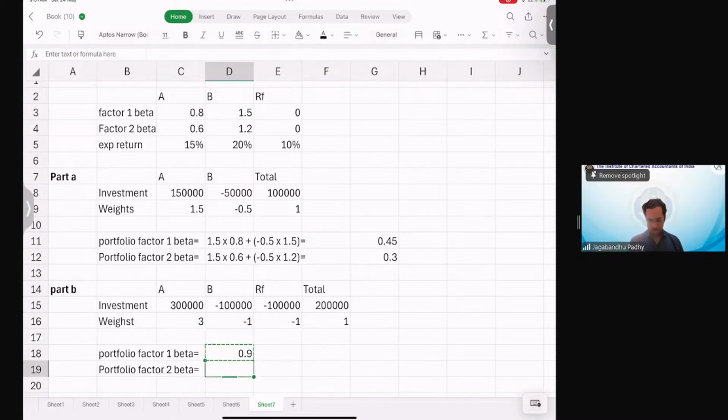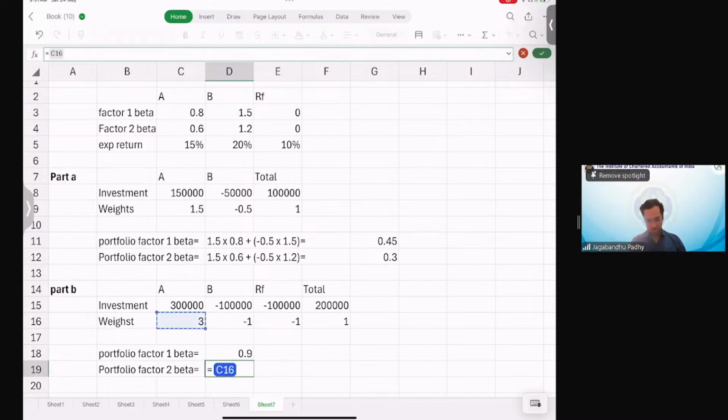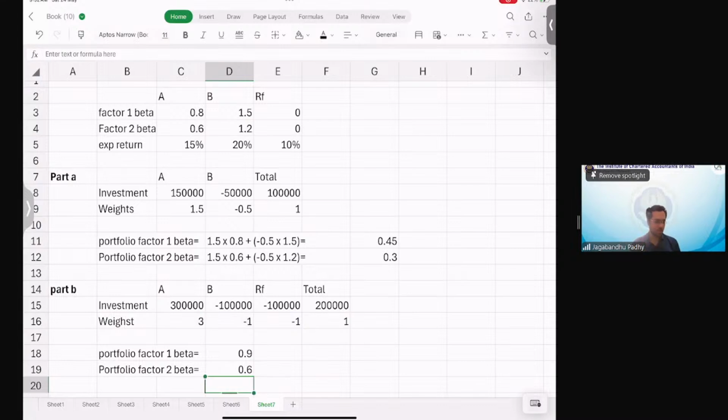Right? And then for factor 2, it's going to be the same weightage into factor 2 beta of A plus weightage into factor 2 beta of B. So portfolio factor 1 beta is 0.9, portfolio factor 2 beta is 0.6. We're just taking the weighted average.